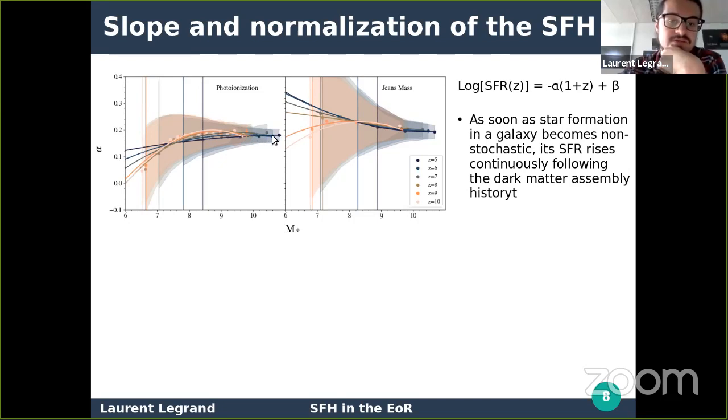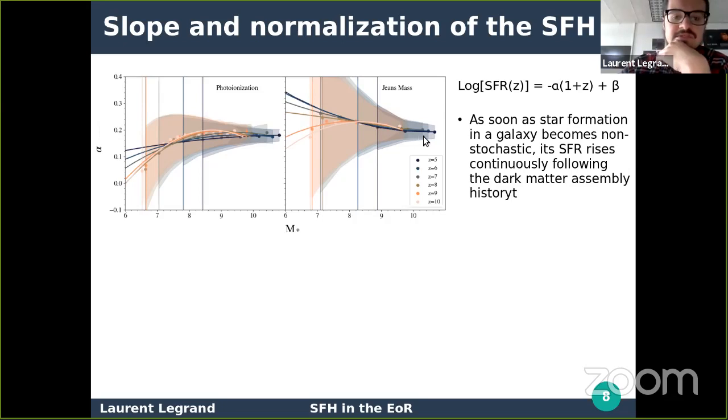So the slope reaches a plateau, meaning that from that moment, the star formation rate always rises in the same way. And with redshift, so here you can see redshift 10, this plateau is reached at a lower mass, as explained before, because at a higher redshift, the gravitational potential of galaxies of the same mass is deeper than their counterparts.